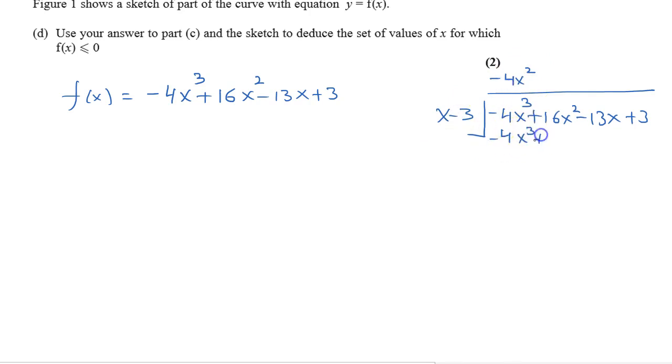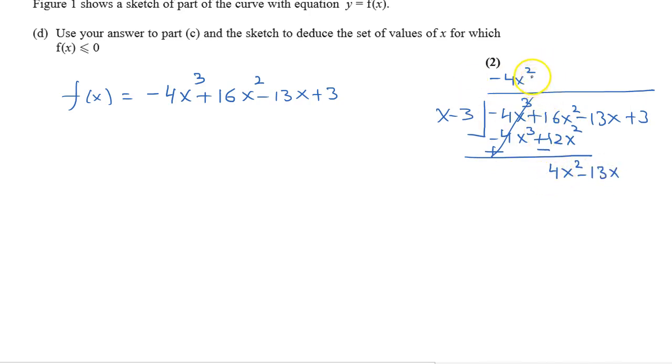Minus minus plus, 4 times 3 is 12x squared. We change the sign. This is both negative, so it is positive, and this is negative. Cancel. 16 minus 12 is 4x squared minus 13x.